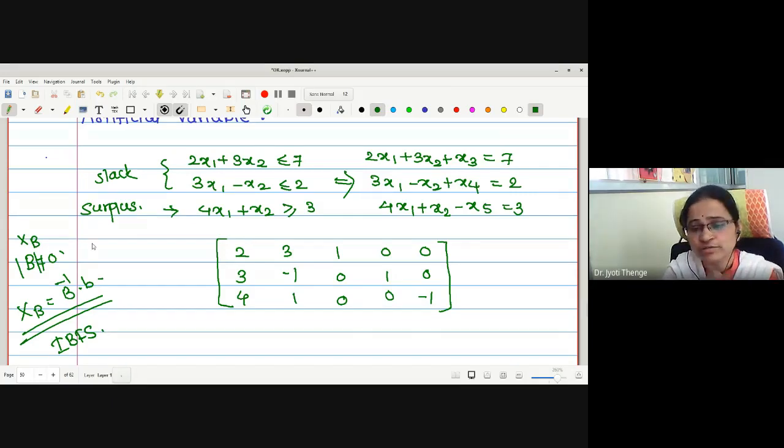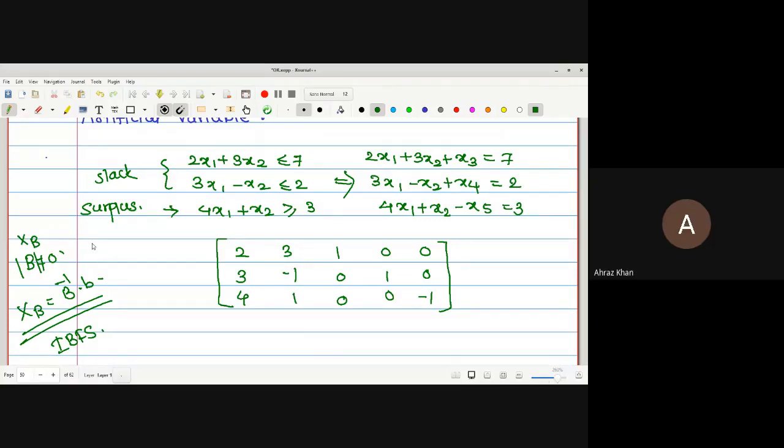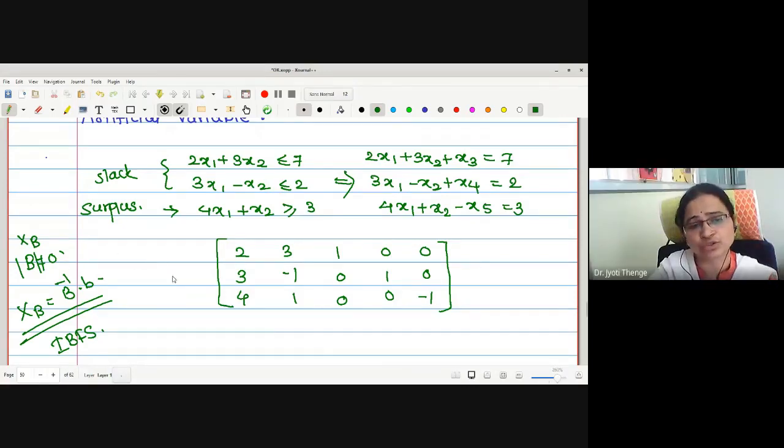Therefore, what is the process of finding the inverse of a matrix? There are 2, 3 ways. Adjoint of A upon determinant of A; determinant of A means you have to go for an adjoint. But if we look at the methodology itself, it has 2, 3 iterations.